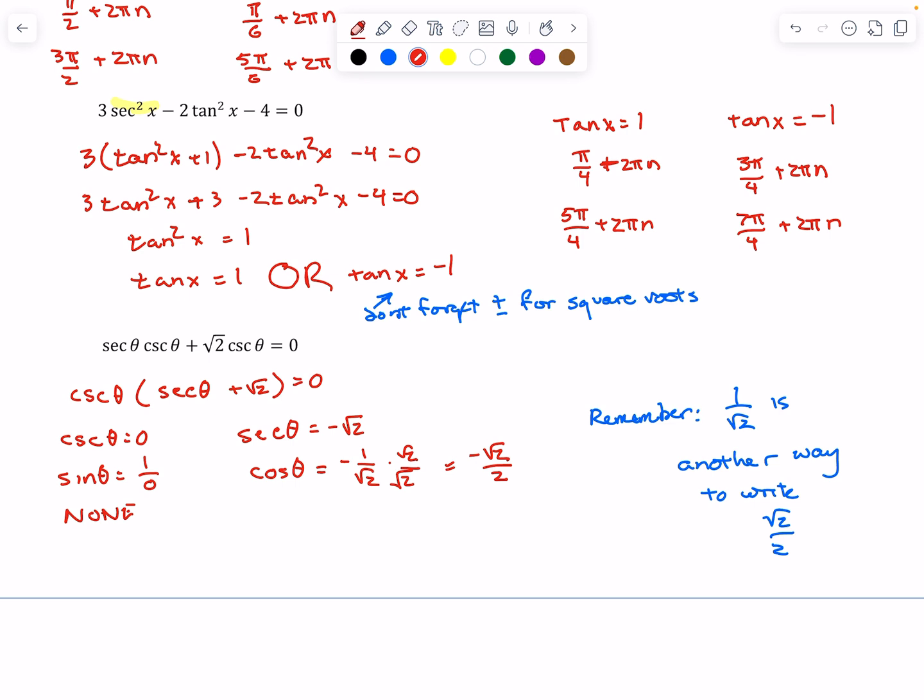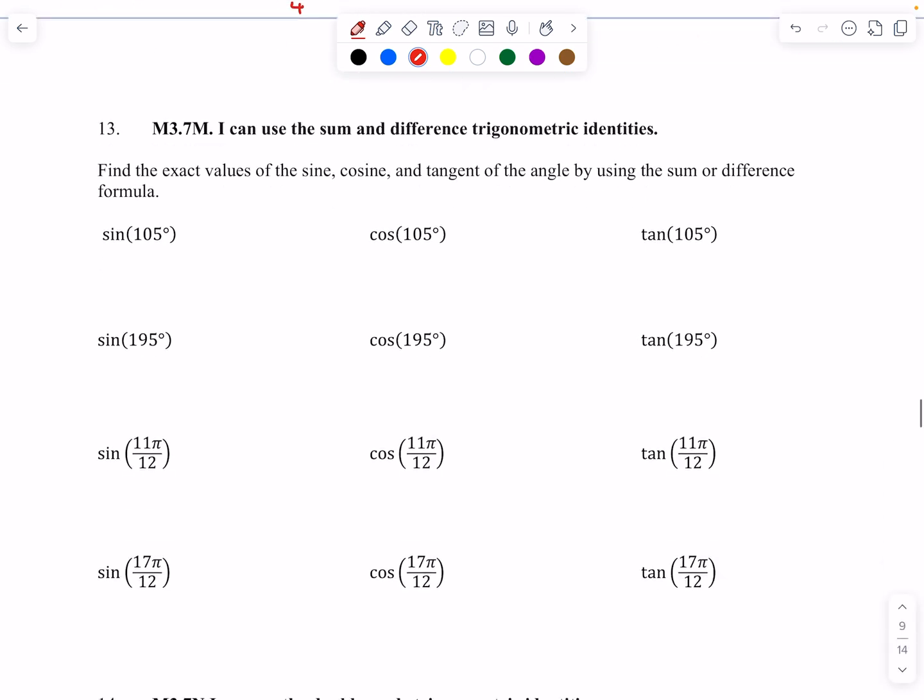Negative root 2 over 2 is the second and third quadrant versions of pi over 4 for cosine. Okay. Next.